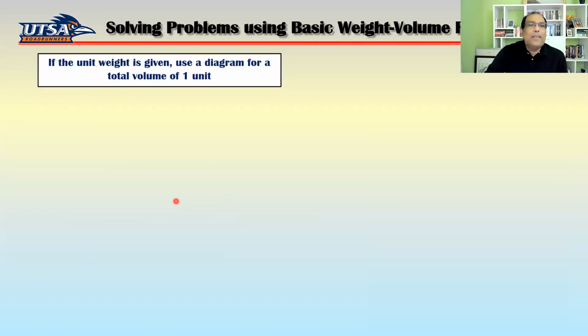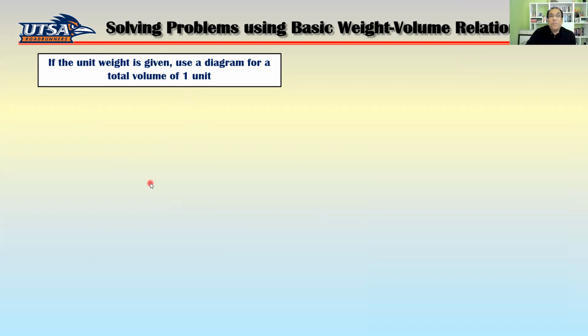Okay. So now the first thing is how you can follow the first method. The first method is basically to find all the 5 parameters, not 6, because we assume that the weight of air is 0, right? Now, the first rule is if your unit weight is given, either saturated unit weight, moist unit weight, or dry unit weight, then you assume that the total volume of the soil is 1 unit.